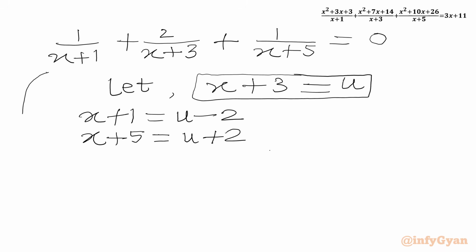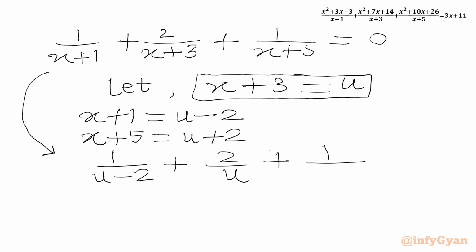So we can write our equation in variable u: 1 over u minus 2, plus 2 over u, plus 1 over u plus 2, equal to 0.